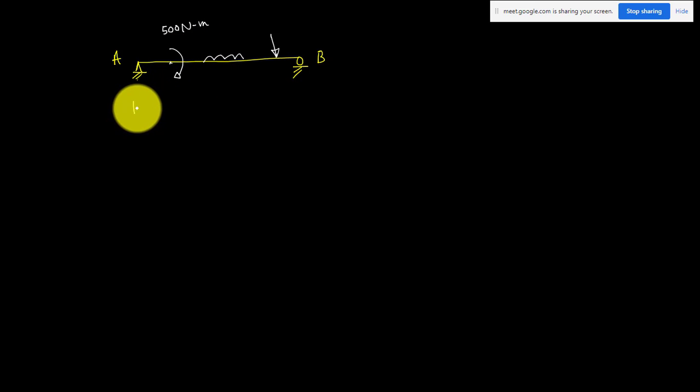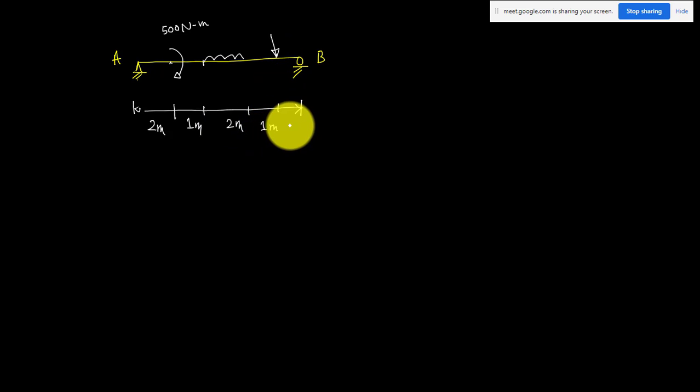Let's say this length of the beam is 2 meter, and from this point to this point is 1 meter. Then the UDL is for a length of 2 meter, so 2 plus 2, 5 meter. Here again I am taking 1 meter.